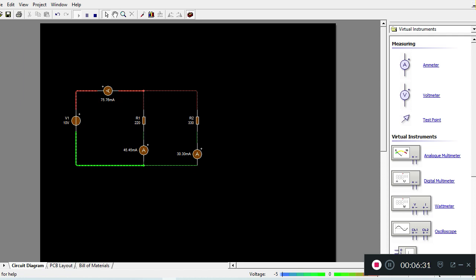The current is coming this way, from positive to negative. Whenever the current is coming from the positive to the negative, the voltage here is positive and the voltage here is negative, so the voltage is decreasing. In that case, our voltage is going to be negative.